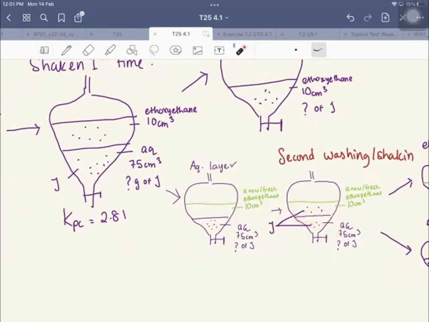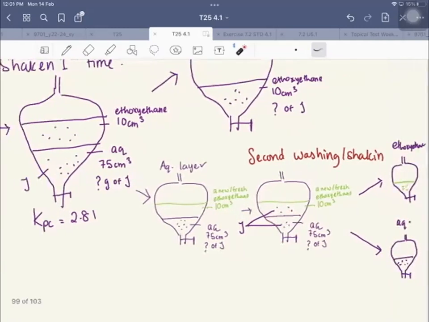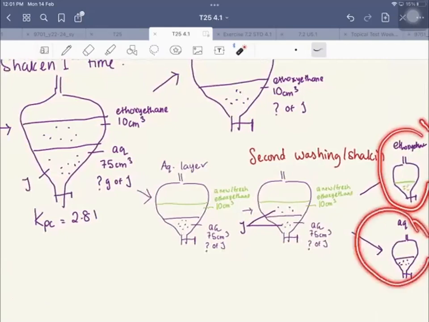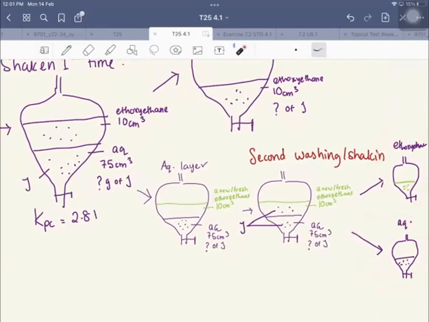After the second washing, the layers were separated. We separate the ethoxyethane and the aqueous layer. The two organic layers were combined.